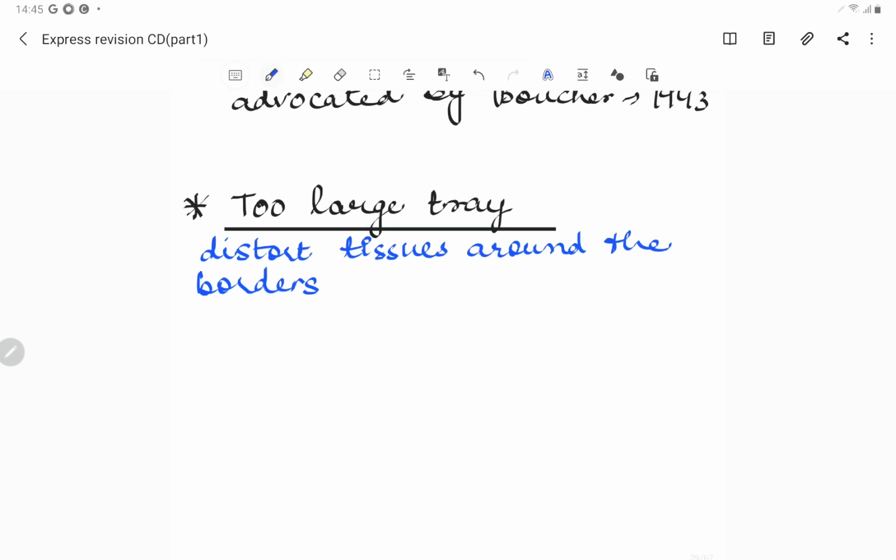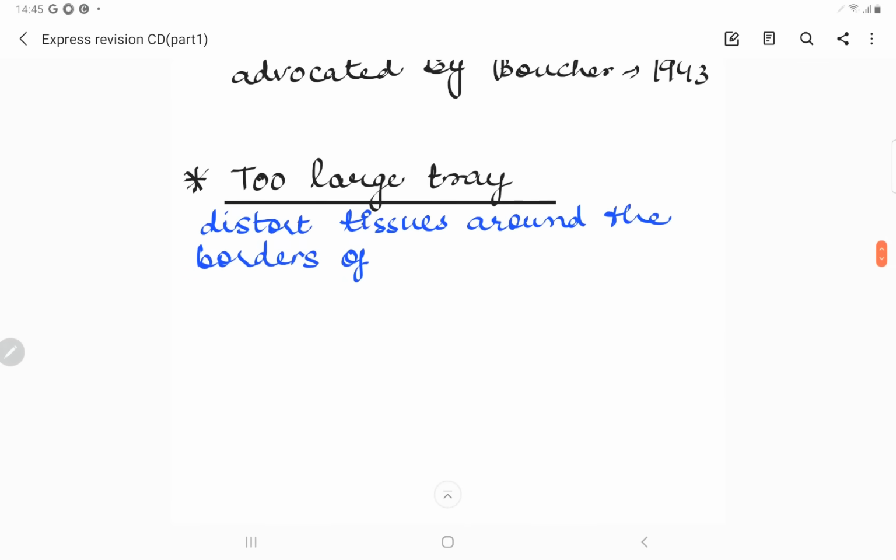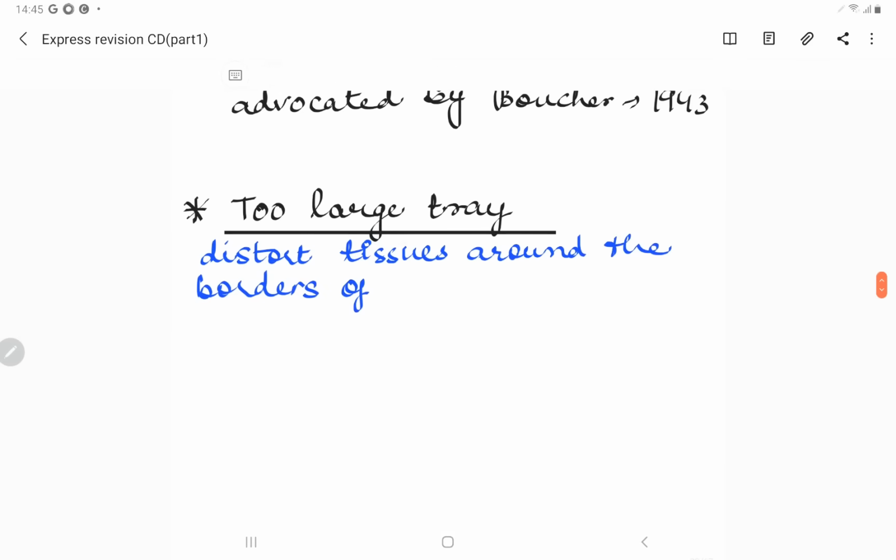Because the tray is too large, definitely the borders are going to get distorted, right?